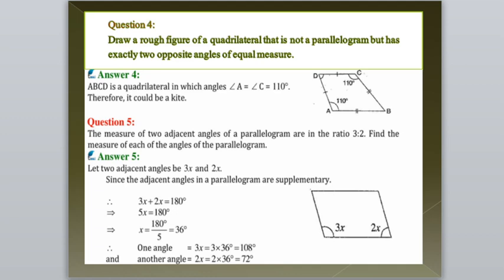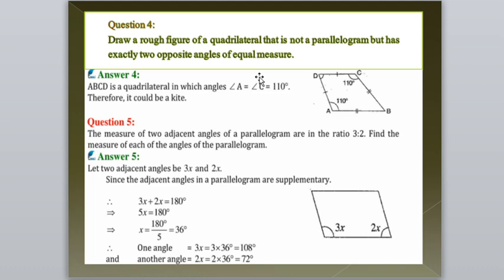Then question number 4. In question number 4, it is given, draw a rough figure of a quadrilateral that is not a parallelogram but has exactly two opposite angles of equal measure.